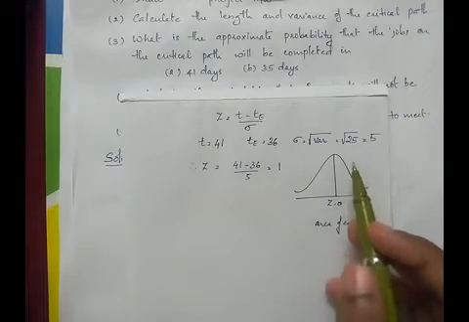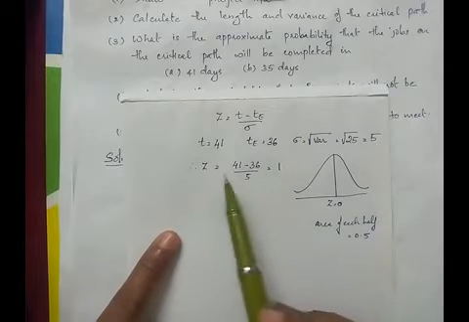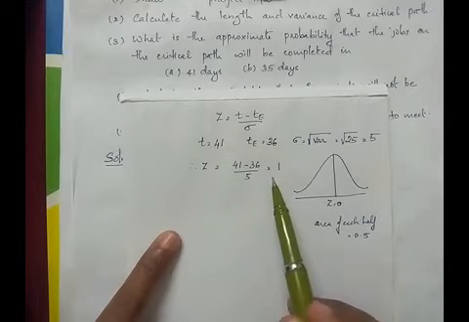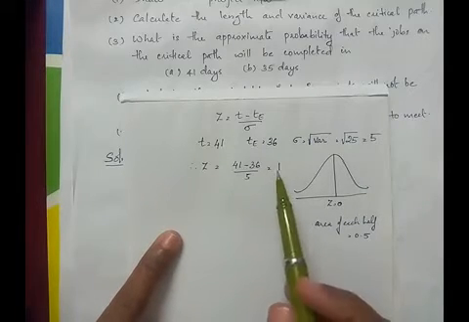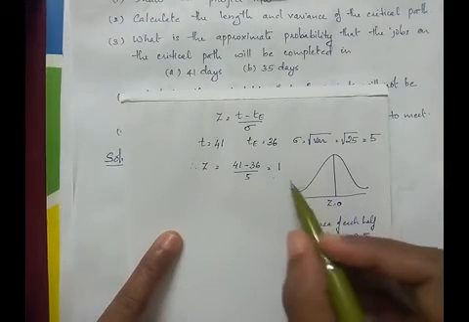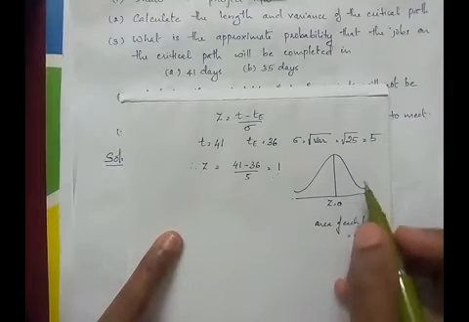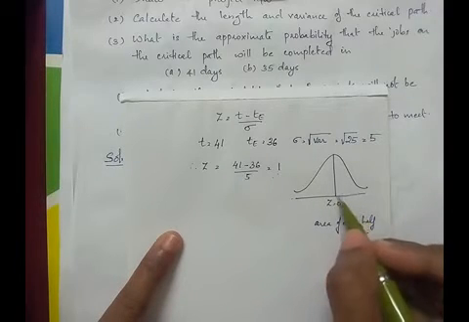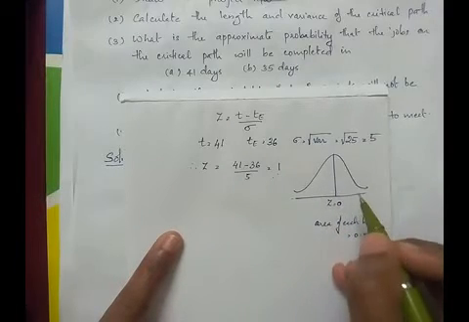So in this normal curve we have to find the area under Z equal to 1. First we'll mark the point 1 on the number line. Since 1 is a positive number, we will mark 1 to the right of Z equal to 0.